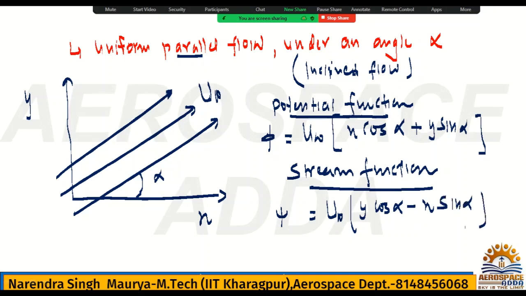Please make a note of it. You need to remember this result for the inclined flow. We can derive this also, but I suggest don't go for derivation for all of these, because it is not required. You have to remember the formula.